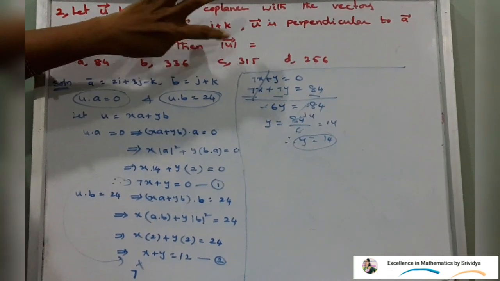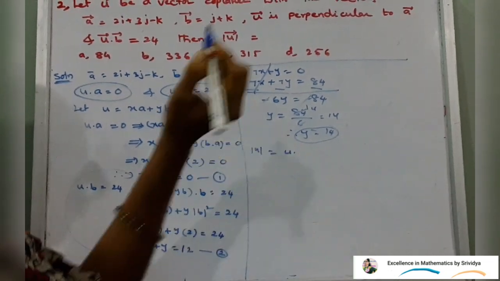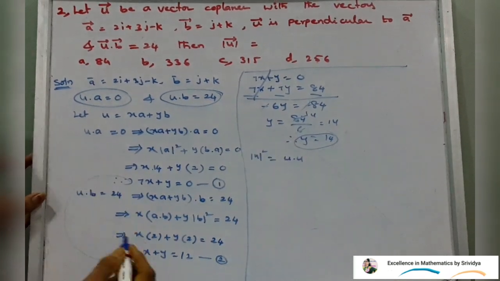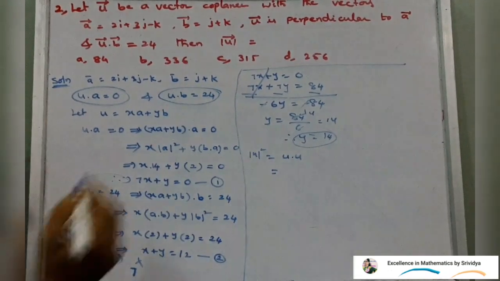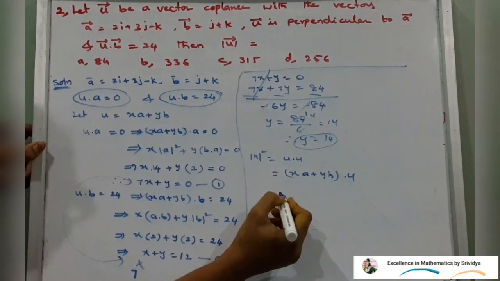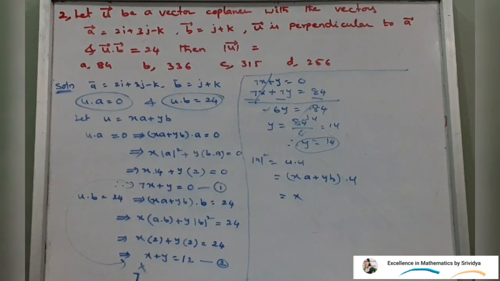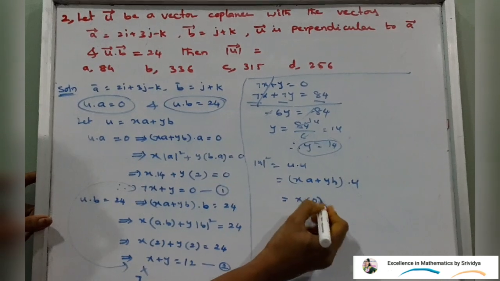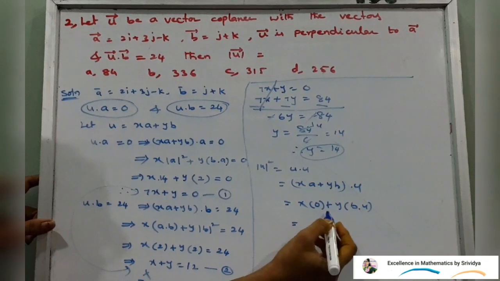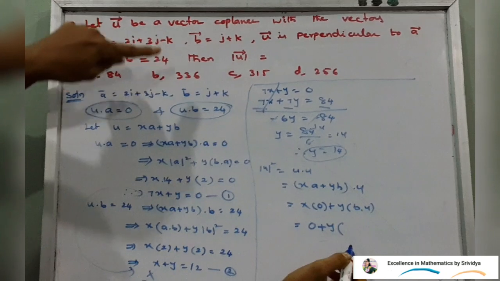Now we have to find mod u. Mod u square is u dot u. Again u is xa plus yb dot u, which is equal to x into a dot u, which is 0, plus y into b dot u.